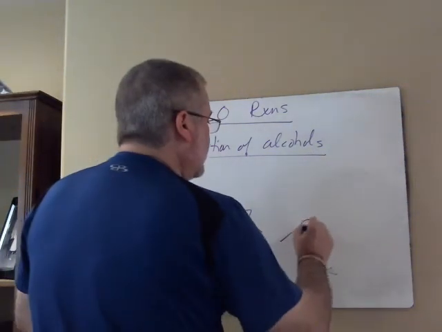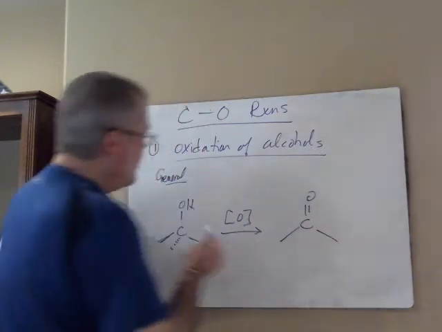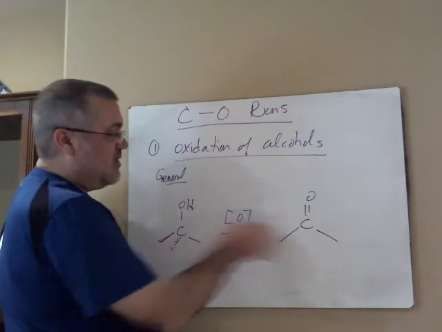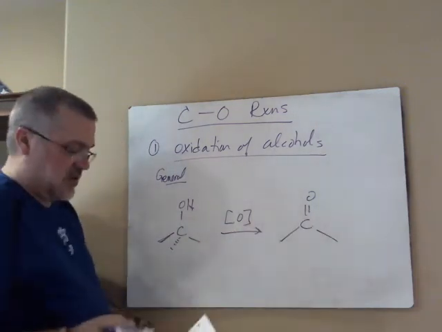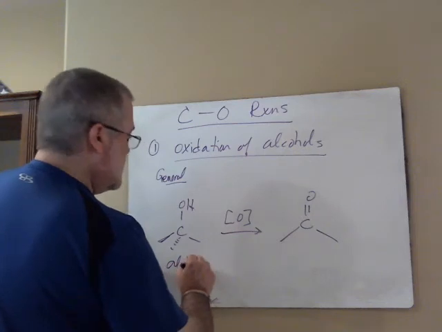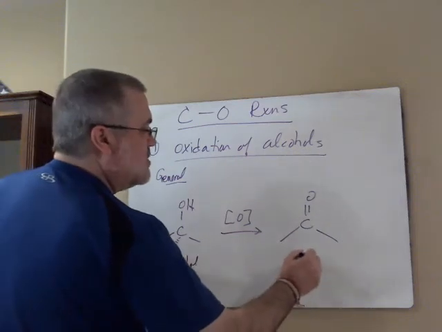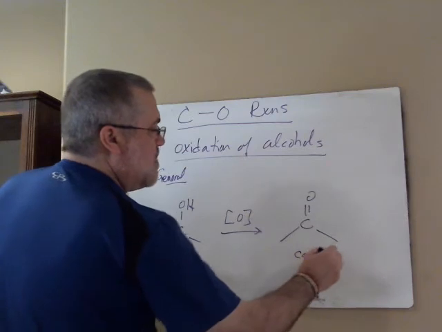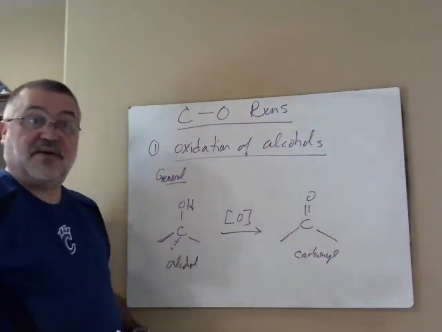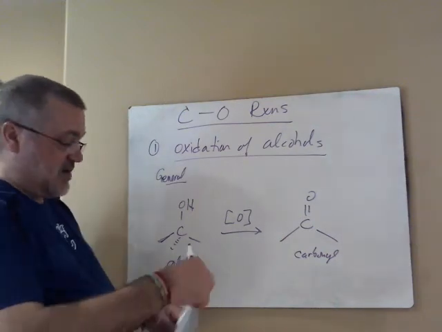And when we oxidize, we are removing hydrogen. When we do that, we end up with this carbonyl compound. So alcohol goes to carbonyl. And we're going to see that the carbonyl that forms depends on the reaction.